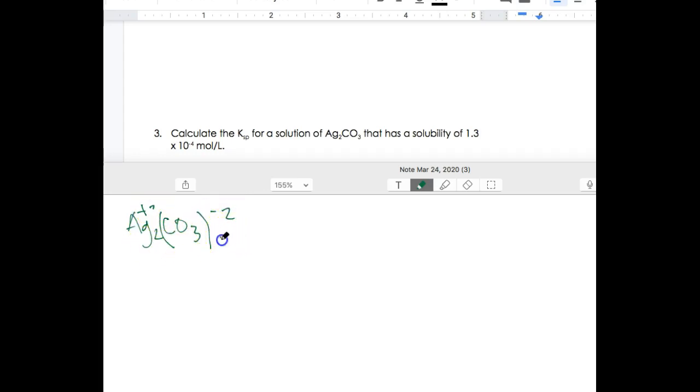And because there's a 1 right here, then silver is going to be +1. Okay, and it's a solid because it's going to dissolve. You have 2 silvers that are dissolving, and you have 1 carbonate that is dissolving.